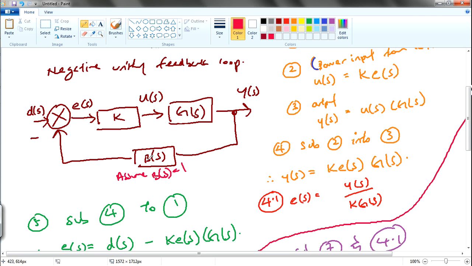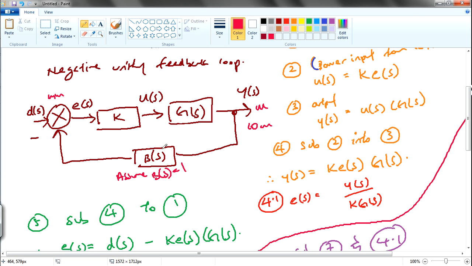The reason why B(s) is over here is to translate whatever Y(s) into something that corresponds to D(s). It's like translating English to Chinese, or translating meters to millimeters. So there is a conversion in a certain sense. Let's say if this is 10 meters, you want to convert it to millimeters.